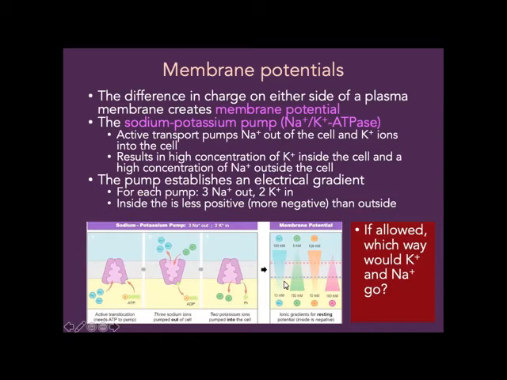And so the relative charge of outside of the cell versus inside of the cell is that outside is more positively charged and the inside is less positively charged, so it's kind of like the inside is more negative and the outside is more positive, okay? So now you have a difference in charge inside and outside the cell, so that's membrane potential.